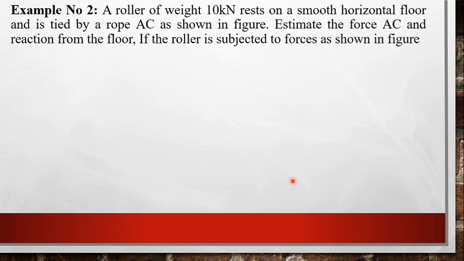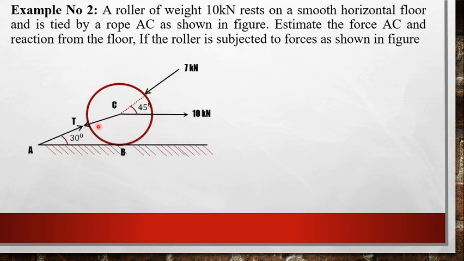So example number 2. The statement says that a roller of weight 10 kilonewton rests on a smooth horizontal floor and is tied by a rope AC as shown in the figure. Estimate the force AC and reaction from the floor if the roller is subjected to forces as shown in the figure.